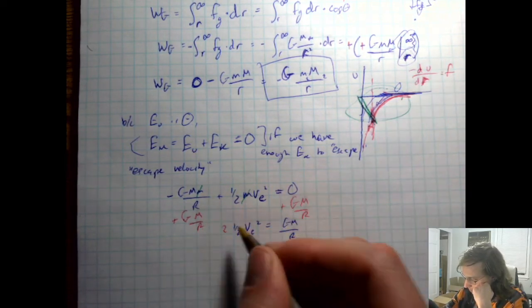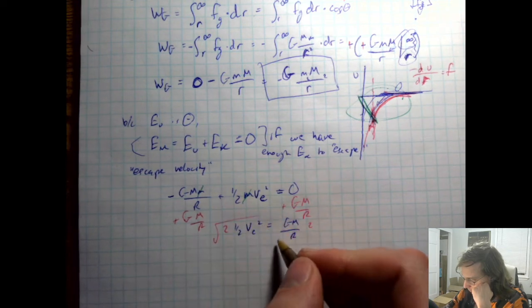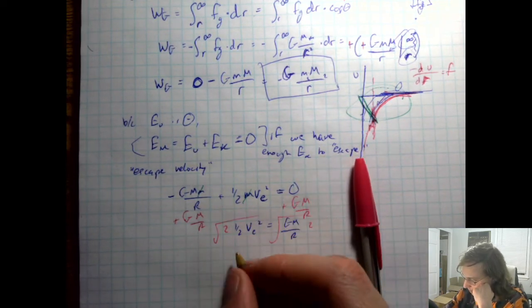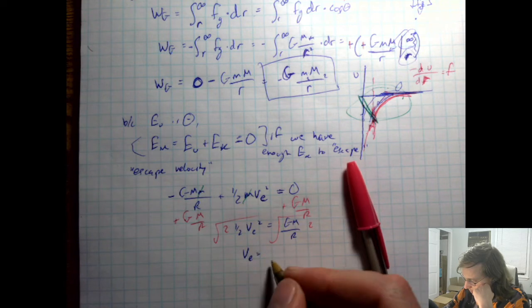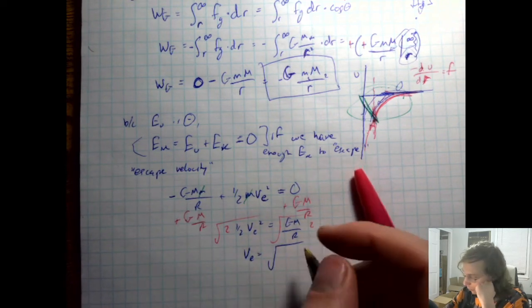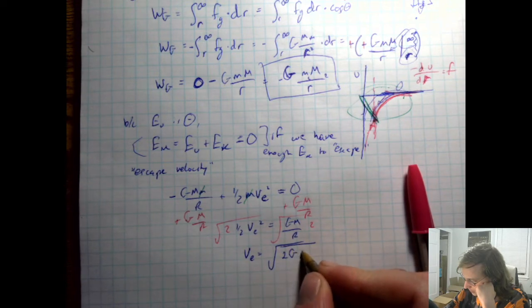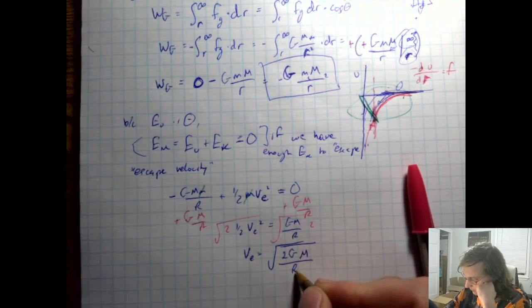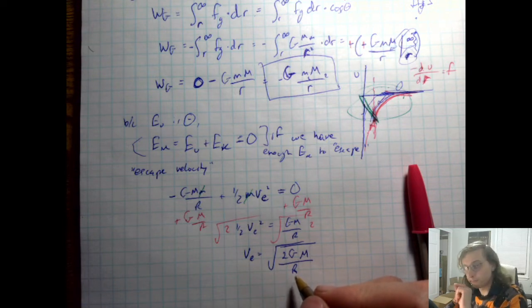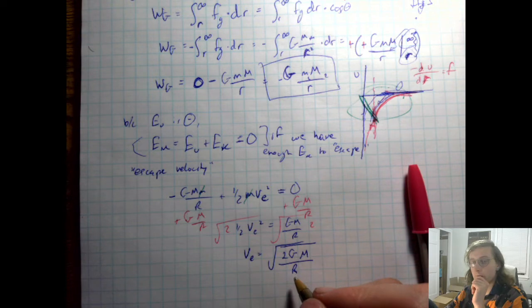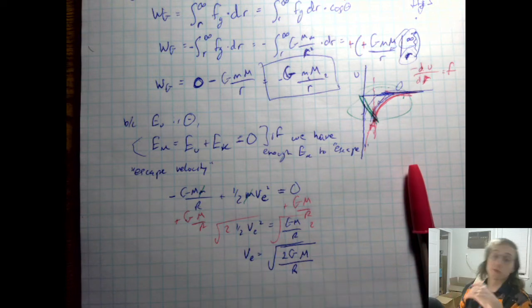Multiply each side by 2, square root, and we'll get that our escape velocity, or the speed that we need to be going in order to leave orbit of a planet, is equal to the square root of 2 times the gravity constant times the mass of that planet divided by the location we're at away from that planet. So the further away you are from the planet when you start, the better off you are. Cool.